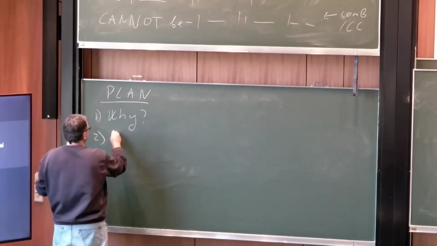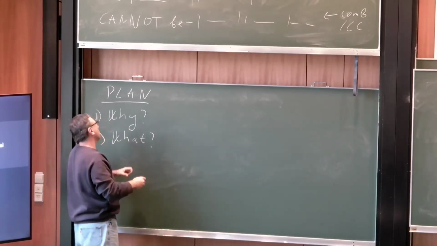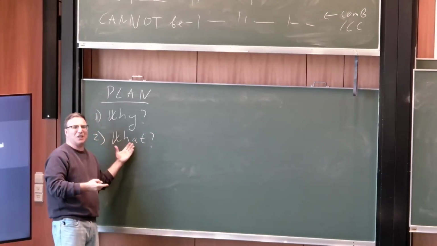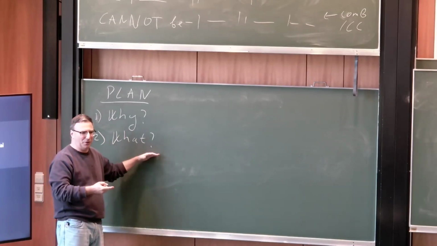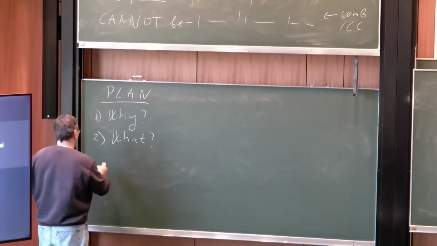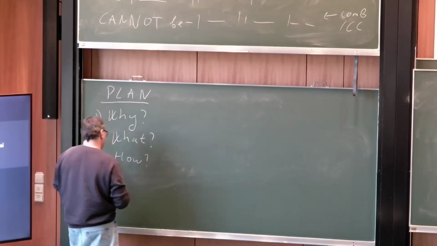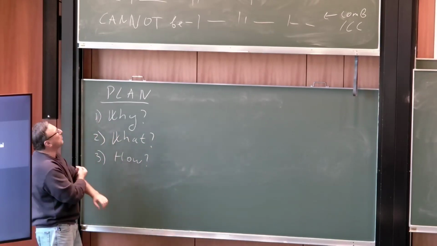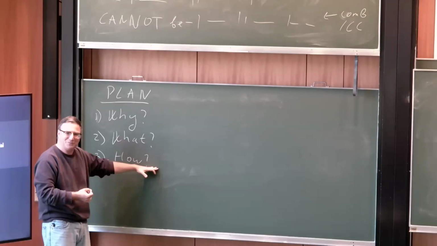Then I'm going to answer what this all means: what is the statement of the theorem? It will take me a while to get to that point. Then I'm going to explain as much as I can how one can possibly prove what took some pains to explain.